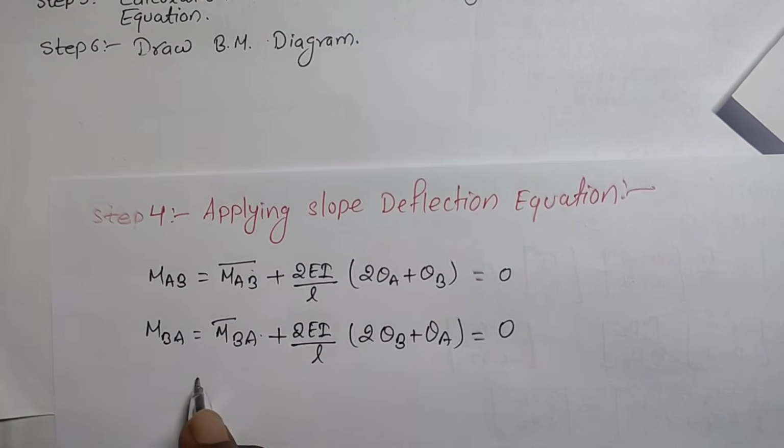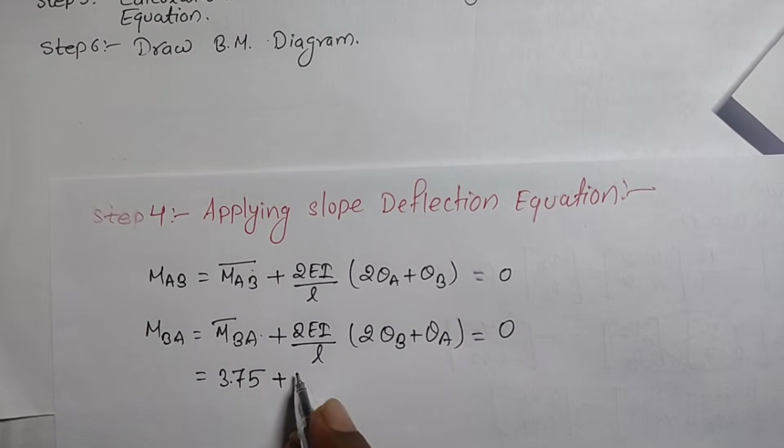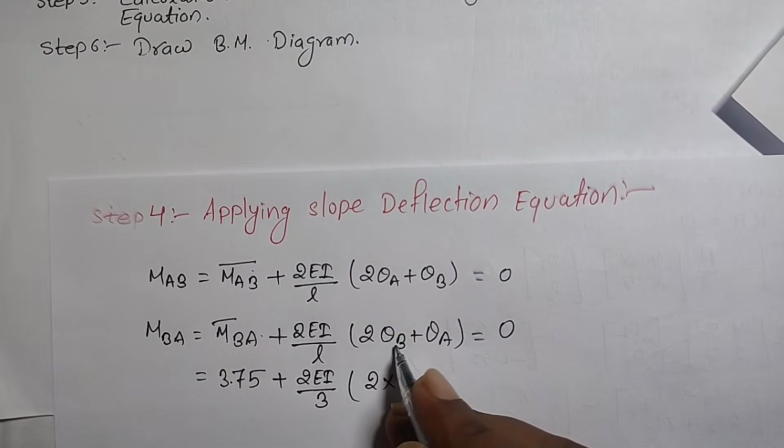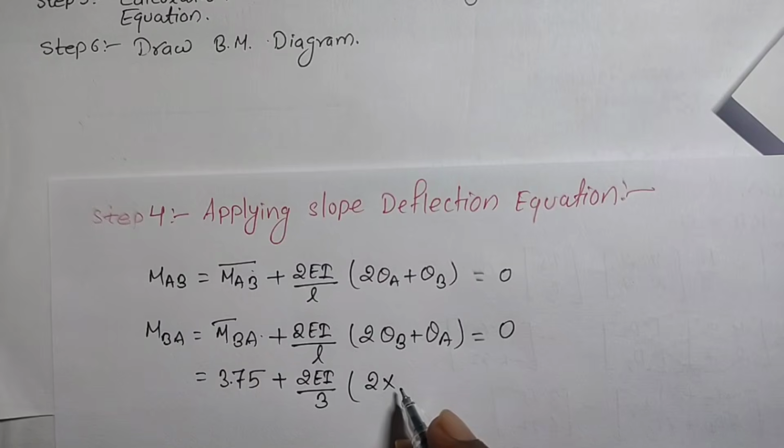Now put down the value of the fixed end moment, that is MBA equals 3.75 plus 2EI by 3 times 2 into theta B, meaning the deflection at B, that is the value of D2, and we have got the value of D2.